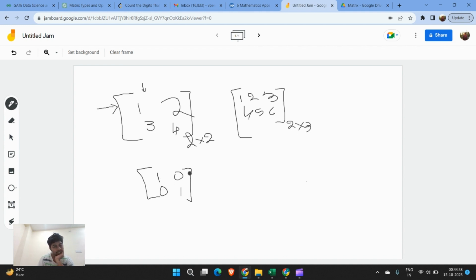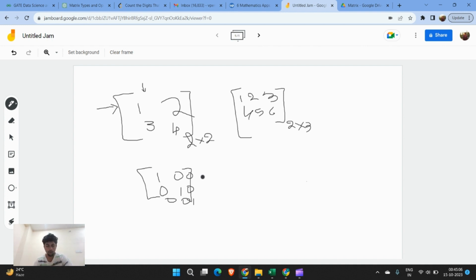If you want to go with 3 by 3, then you put 0 here, 0 here, then 0 0 1. This is the 3 by 3 identity matrix.